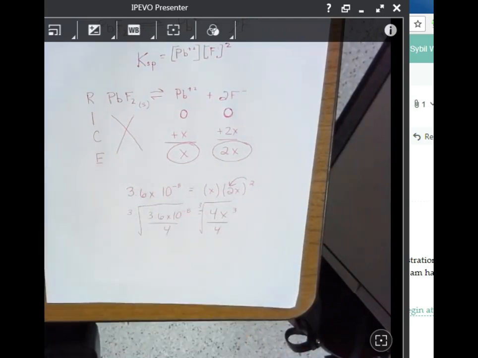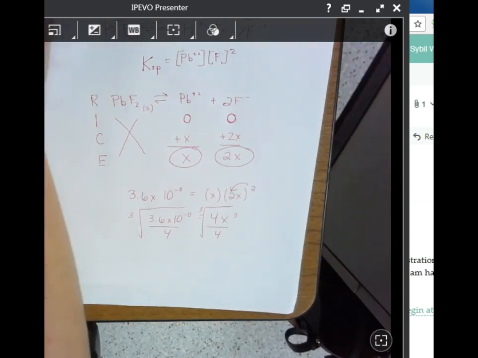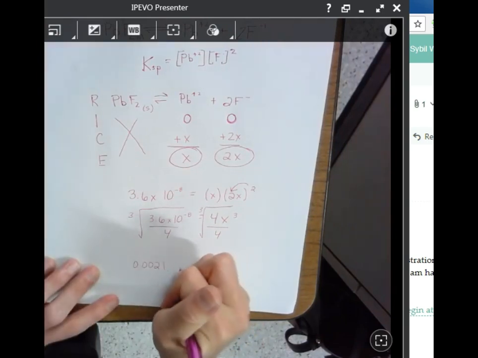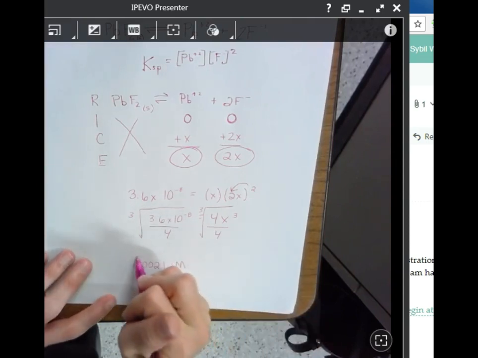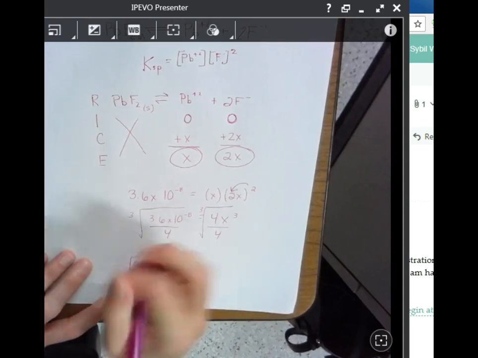Okay, so I'm going to put that in my calculator. 3.6 E negative 8 divided by 4 equals, and then I'm going to use the cube root. Alright, and when I did that, this is the answer that I got for x.